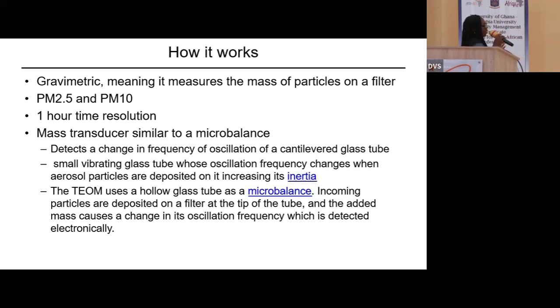When you have many more particles, the frequency of the oscillation changes more. That is how it measures the concentration or mass of the particulates, through the change in oscillation frequency from what it was, with the final frequency subtracted from the initial one. That difference is equal to the mass of whatever went in there and caused the oscillation.